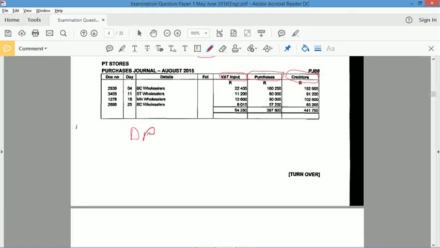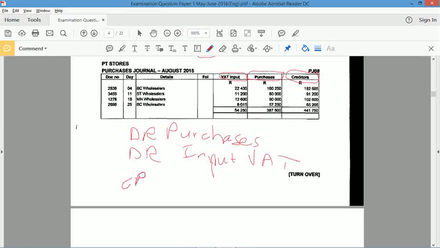So you're obviously going to debit the purchases, and you're going to debit the input VAT. And you're going to credit the liability, which is the creditors. So when I buy something from a business on credit, the liability here will increase. Liabilities increase on the credit.